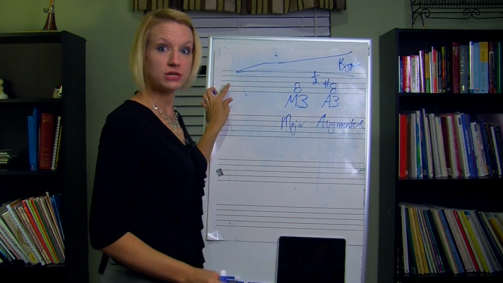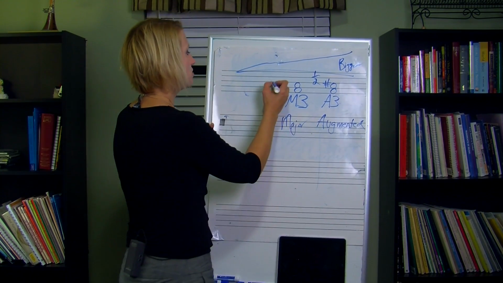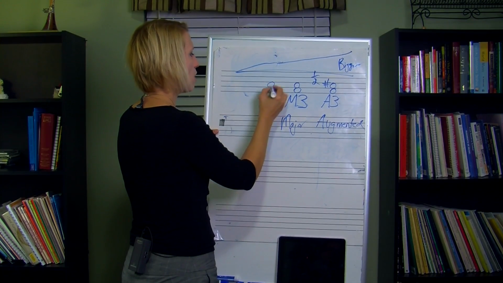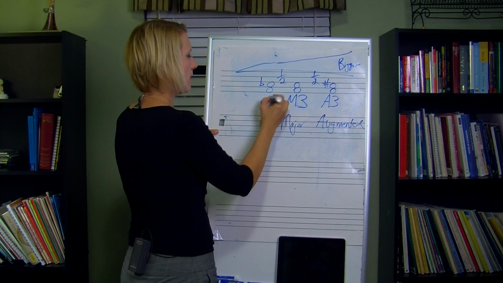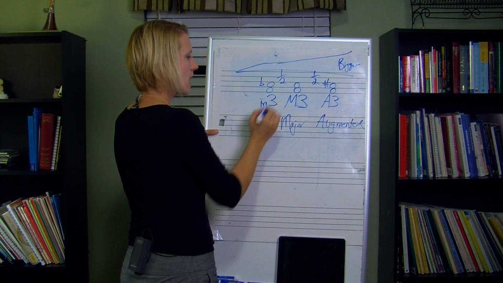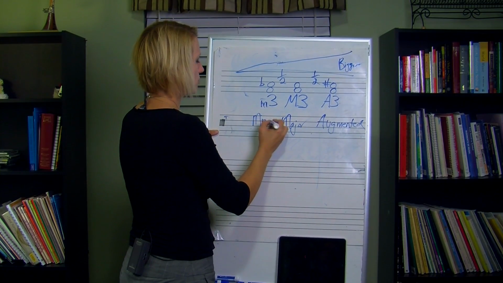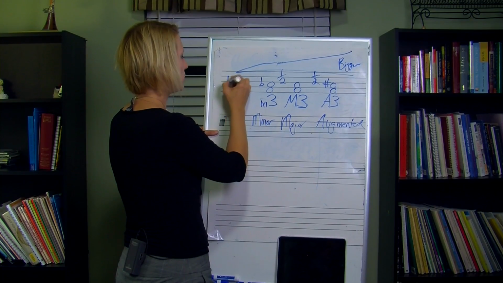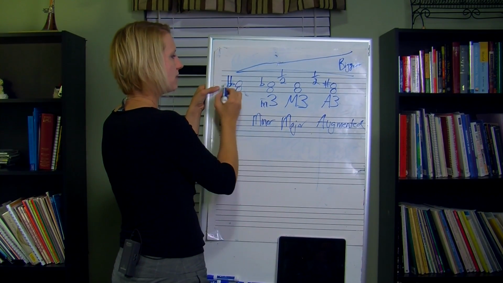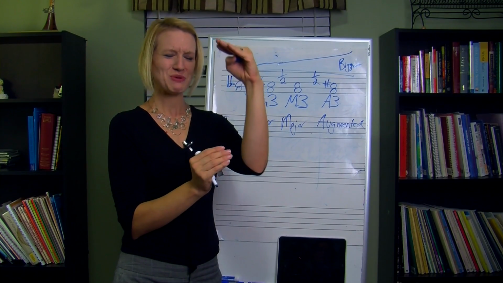Now there's 2 different smaller versions of the third beyond just the major. So the first one we talked about when it decreased in size by a half step was minor third. Remember, lowercase m. Put the little line over it if you're worried I might not be able to read your writing. Okay, next one, and the last one we have a double flat on there because we're getting decreasingly smaller.